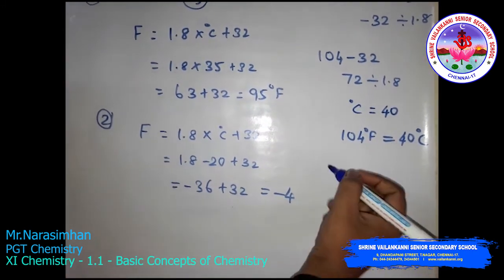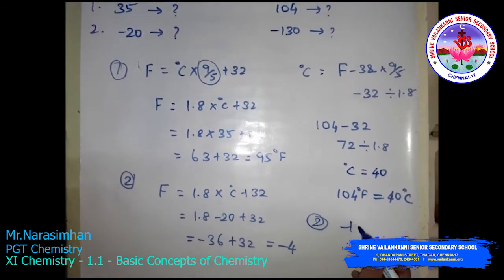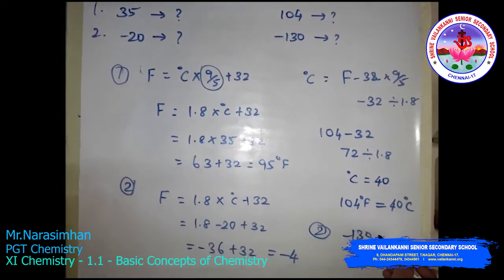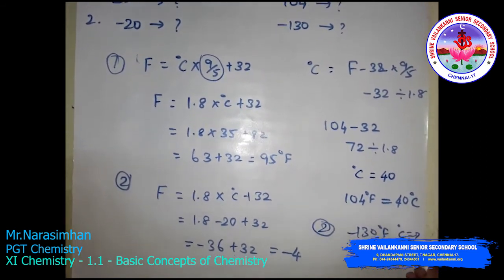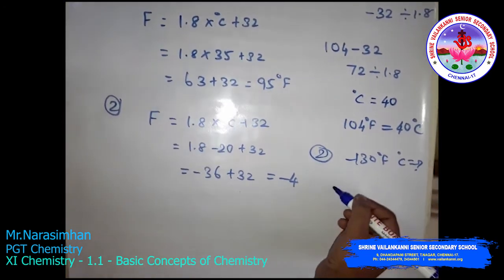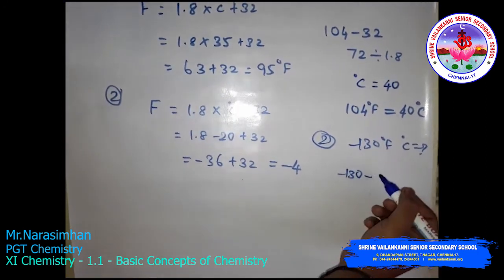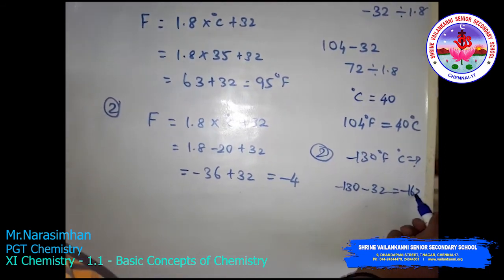The next, second sum, is minus 130 degree Fahrenheit. What is it in degree Celsius? Using the same formula, minus 130 minus 32 becomes minus 162.